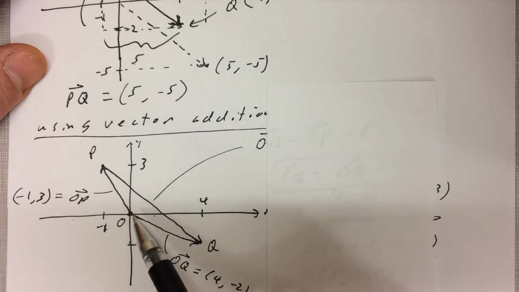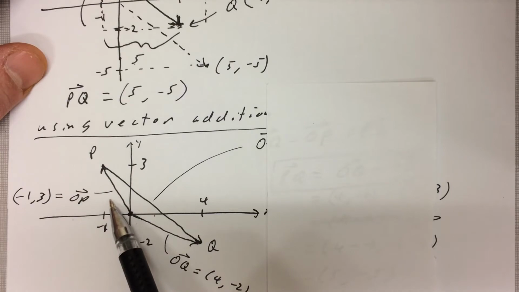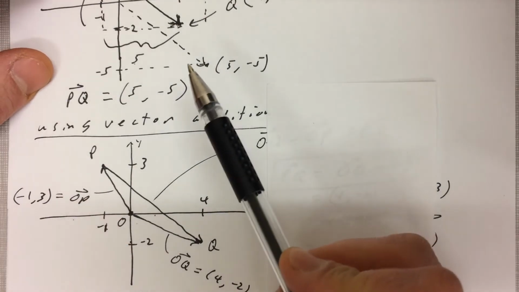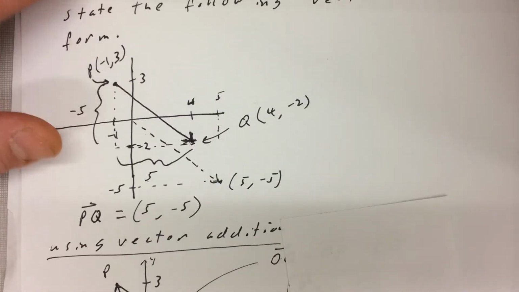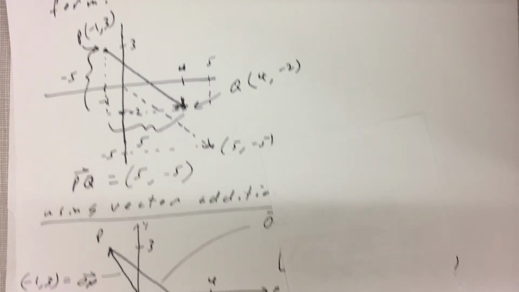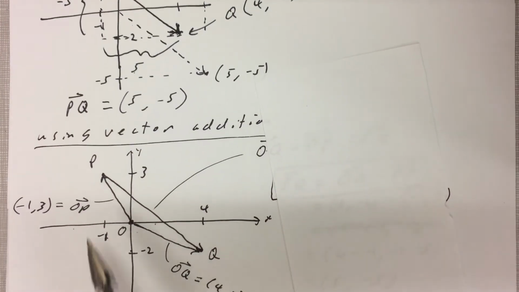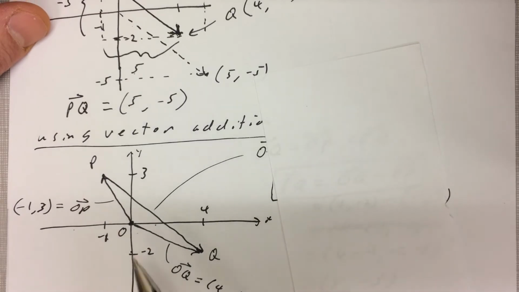If we then take a look at the vectors from the origin to those points, OP is the vector [-1, 3]. So now [-1, 3] represents a vector. In the last diagram, (-1, 3) represented a point. So OP means from the origin to point P. And OQ is the origin to point Q.